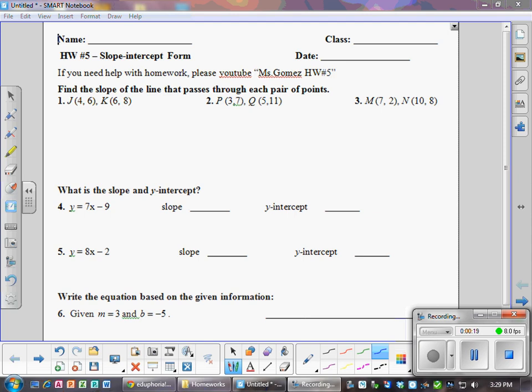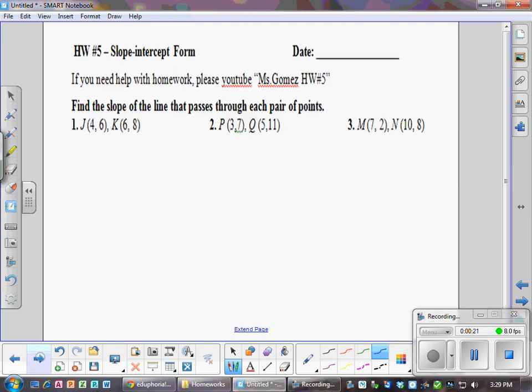Let's go ahead and get started where it says find the slope of the line that passes through each pair of points. So for instance, slope we know is the change in y over the change in x.